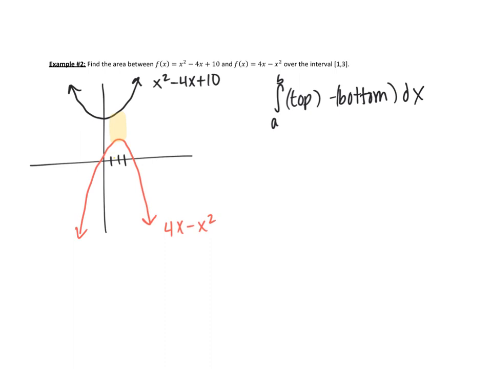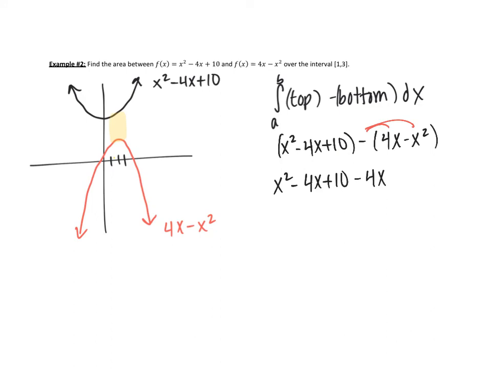So that's important, at least for the graph, to know that piece. So the top, we're just going to type in as x squared minus 4x plus 10. And the bottom is 4x minus x squared. And again, please don't forget that minus because we're going to have to distribute that negative. So we have x squared minus 4x plus 10 minus 4x plus x squared.